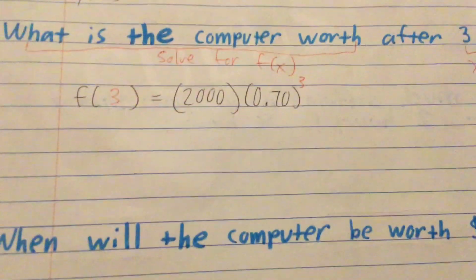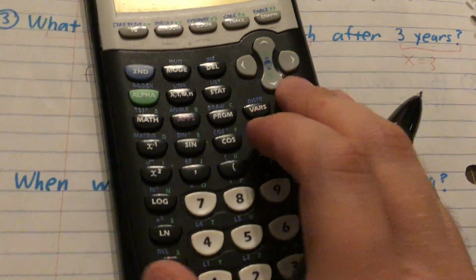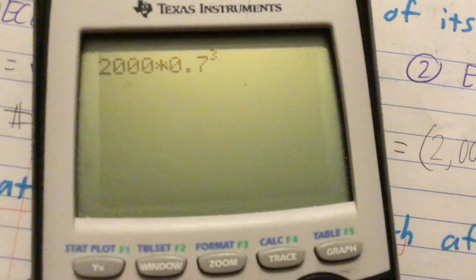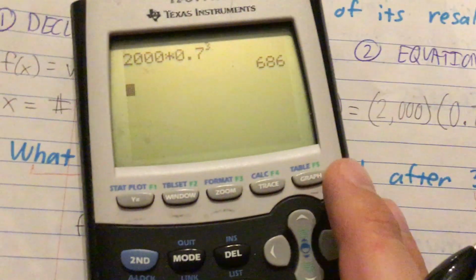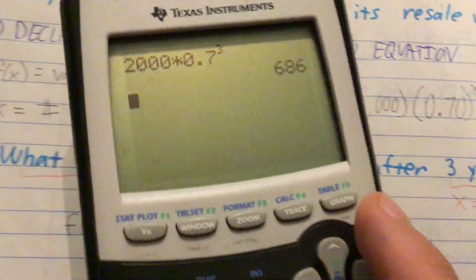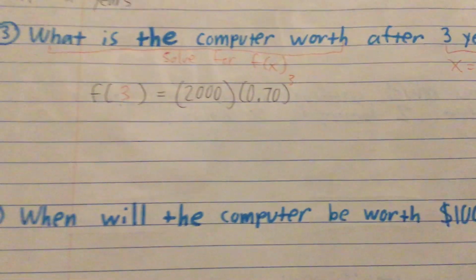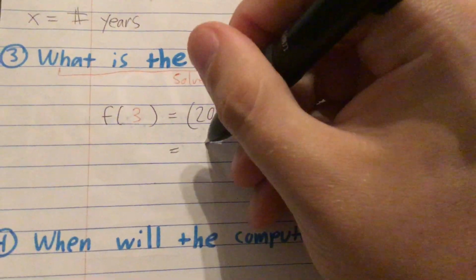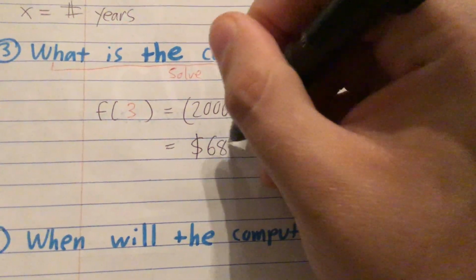I'm going to get my calculator. 2,000 times 0.7 to the third power. 686. Perfect. No dollars at all. I mean, no cents at all. $686. Wow. On the money.